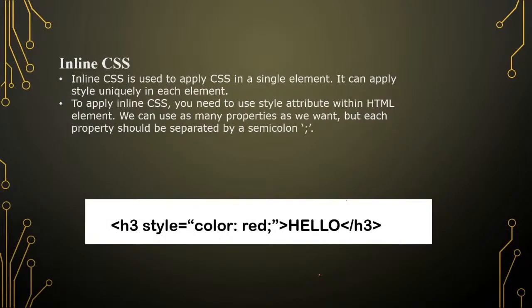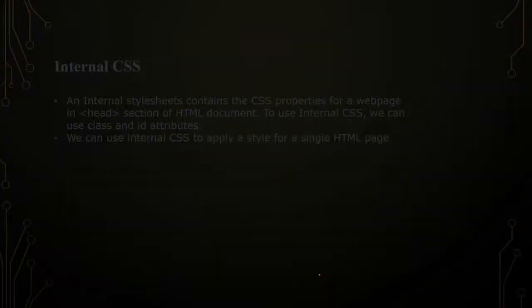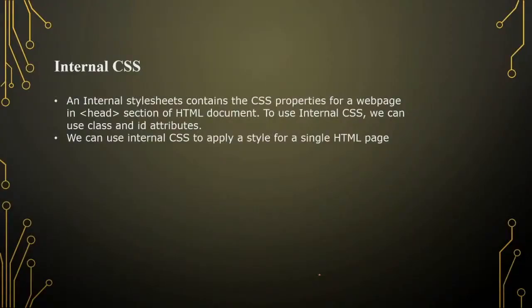Coming to our next topic, we have internal CSS. An internal style sheet contains CSS properties for a web page in the head section of the HTML document. To use internal CSS, we can use class and ID attributes. I will be discussing class and ID attributes in the later part of this seminar, but right now we will do simple internal CSS.